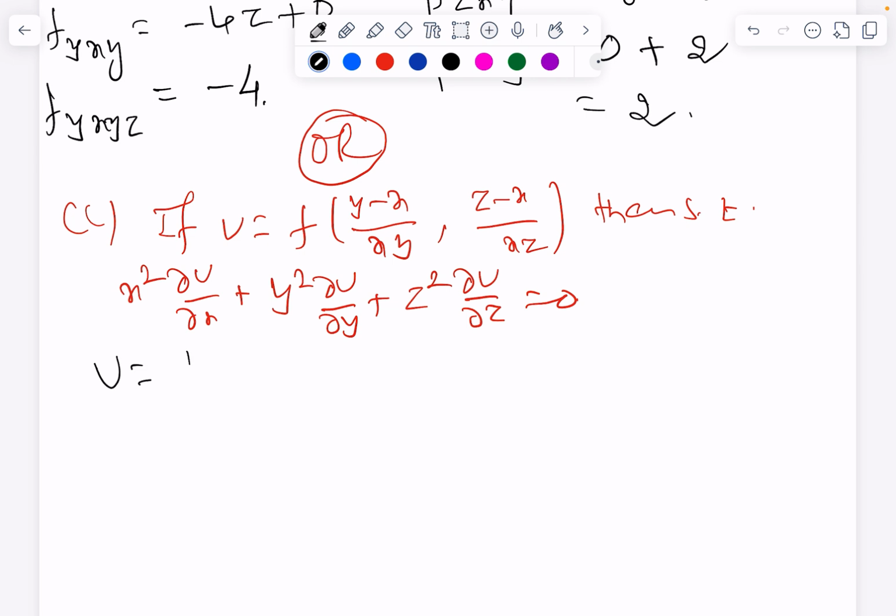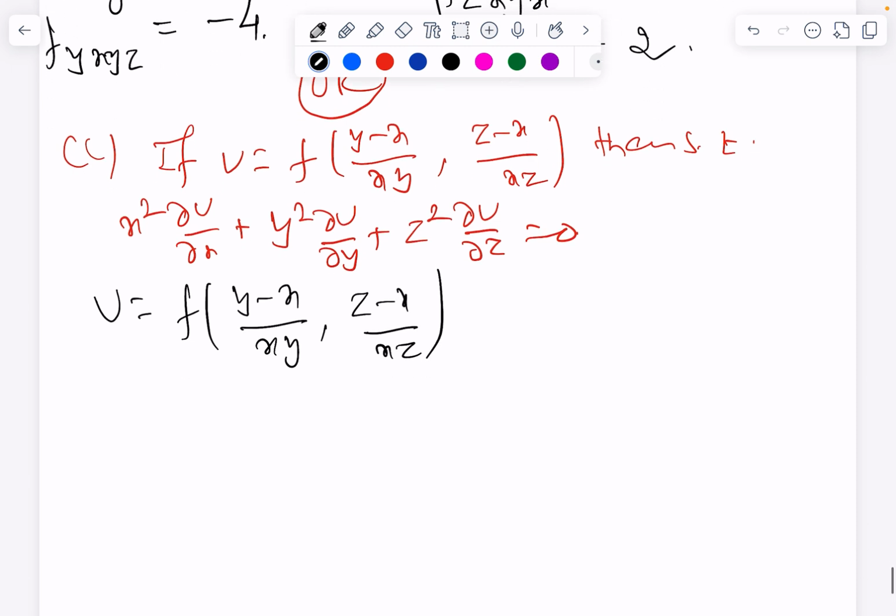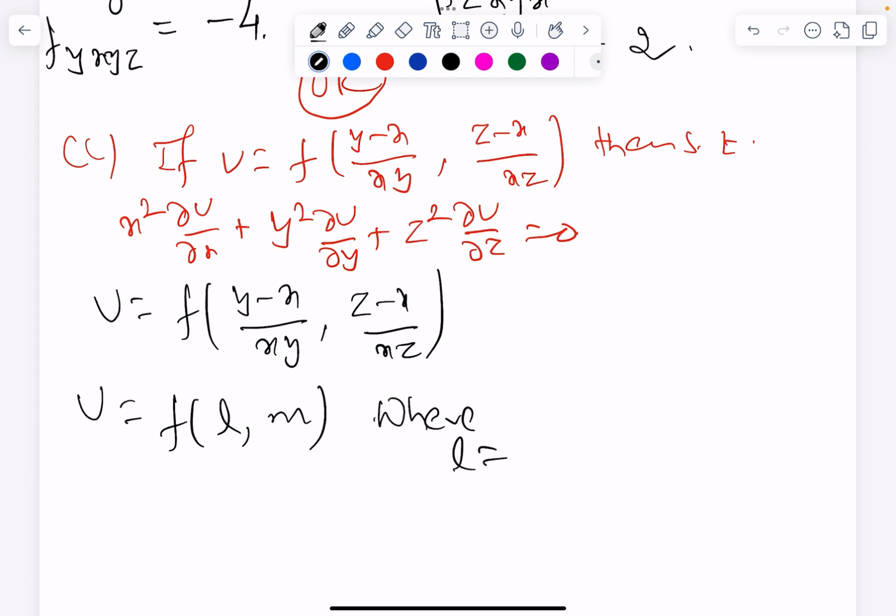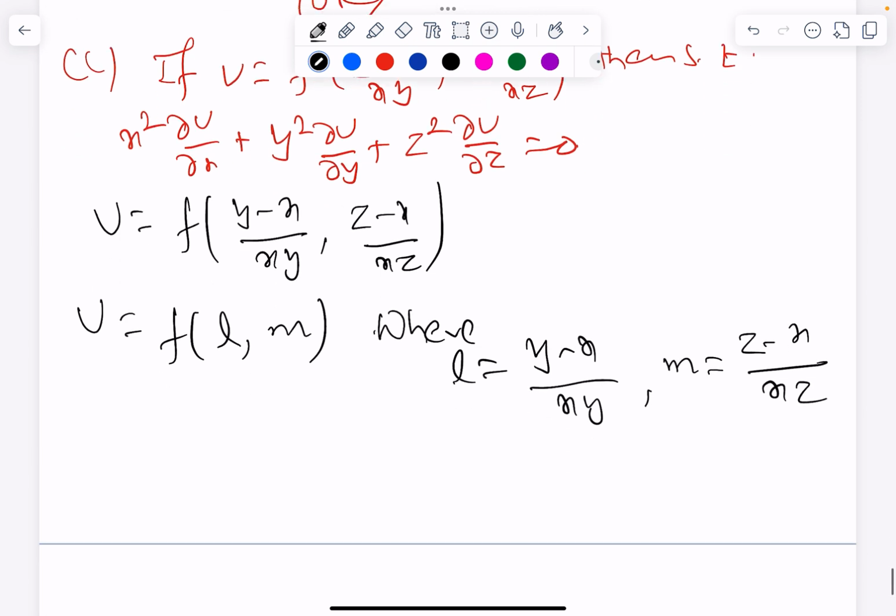So now u equal to f of (y minus x) over xy, (z minus x) over xz. Now this we can consider as f of L, m, where L equal to (y minus x) over xy, m equal to (z minus x) over xz.